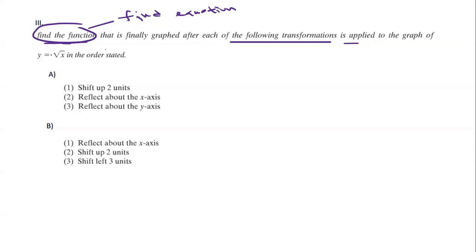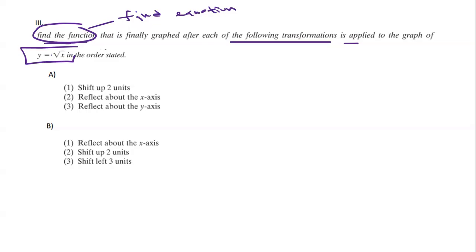All right, so we're starting with this one. Y is equal to square root of x. That is our original function. Now it wants us to shift up 2 units. Remember, if we're talking about shifting up and down, the number has to be outside of the radical.